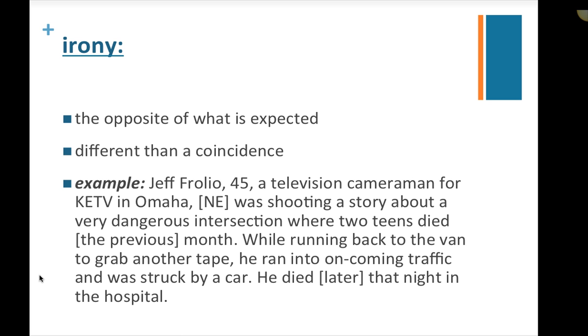And he has his camera set up at the intersection, just ready to film the newscaster talking about this intersection and how dangerous it is and how something should be done. He goes back to his van to get another tape, because this was, again, in the early 90s when they used actual big VHS tapes, and he got hit by a car. So that's not what we would expect.